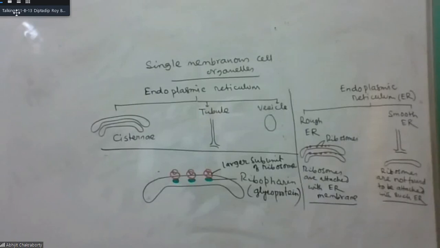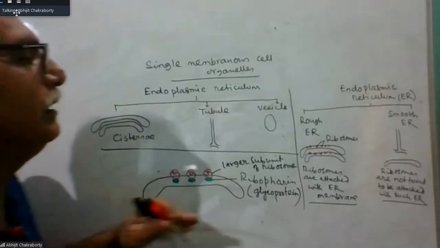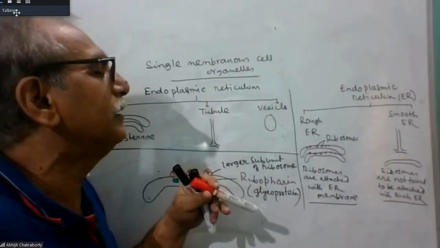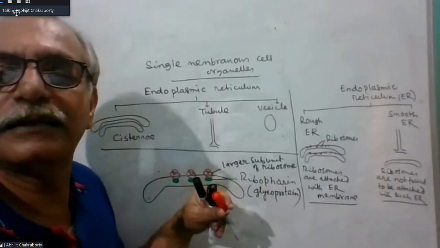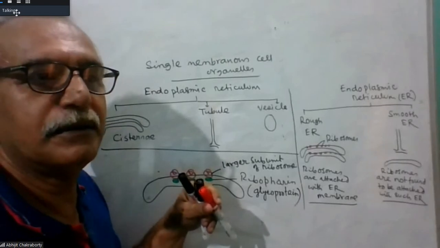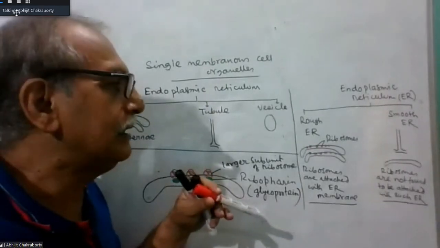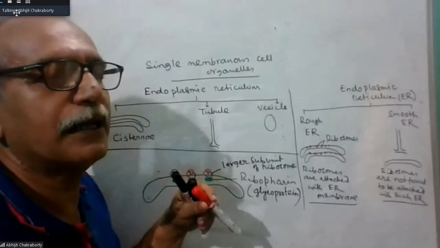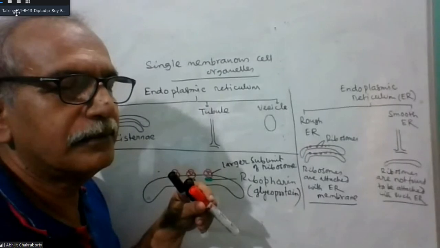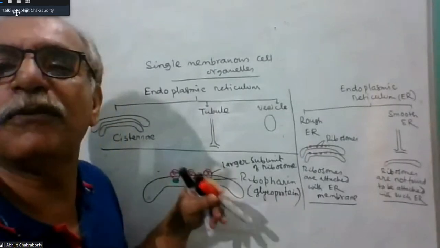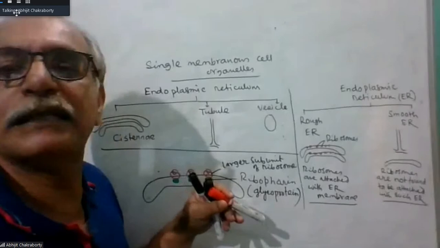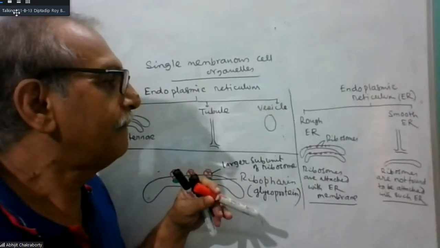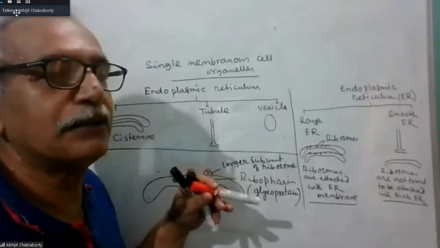Basically, at the time of protein synthesis, ribosomes are attached to the ribophorin in the rough ER. Clear? Yes. At the time of protein synthesis, the ribosome binds to the ribophorin to form the rough ER.